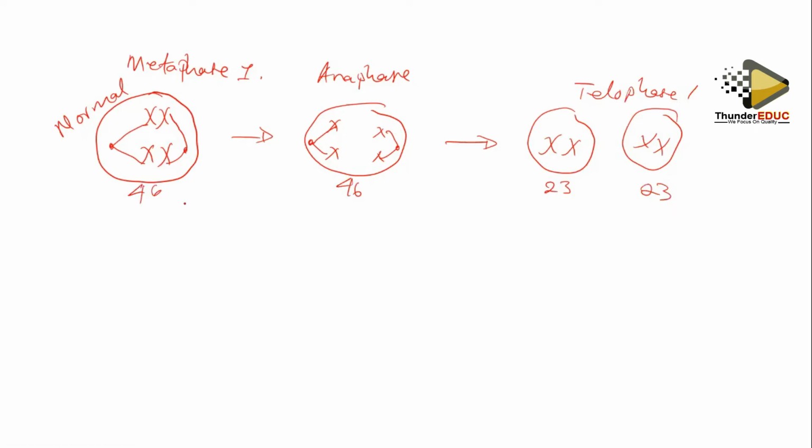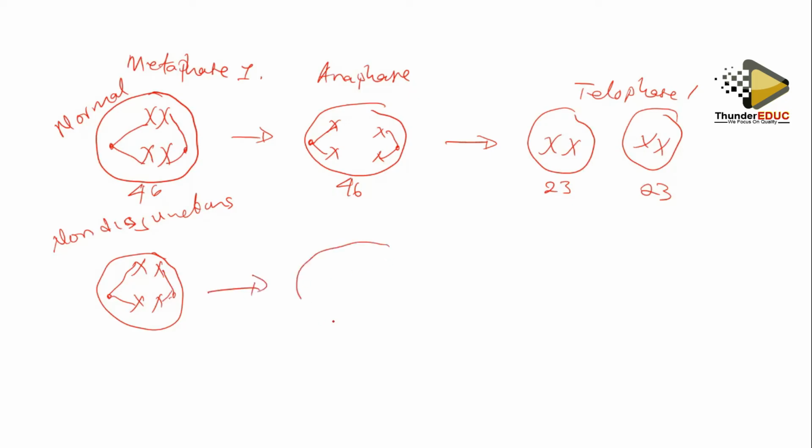But if non-disjunction occurs, what happens? In metaphase, the chromosomes will be fine like that. And then when they go to anaphase, because it fails to separate during anaphase, these are 46 if it's a human cell.